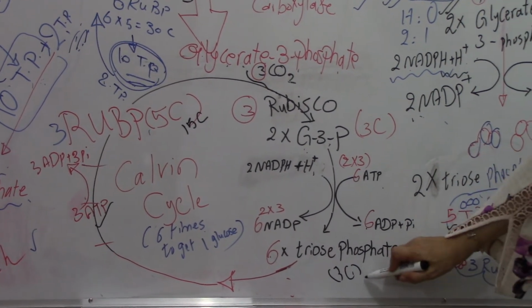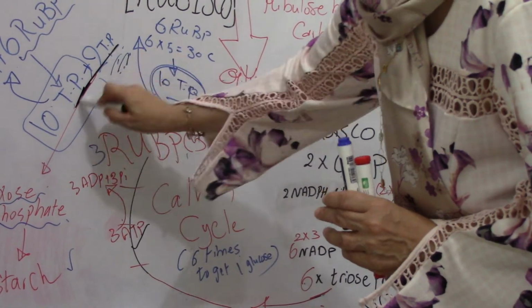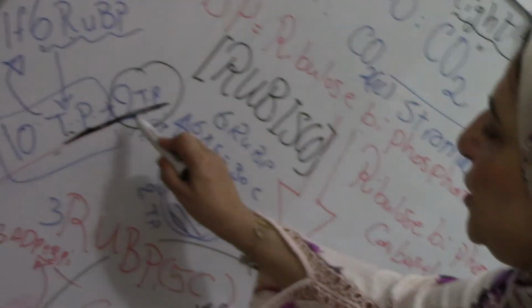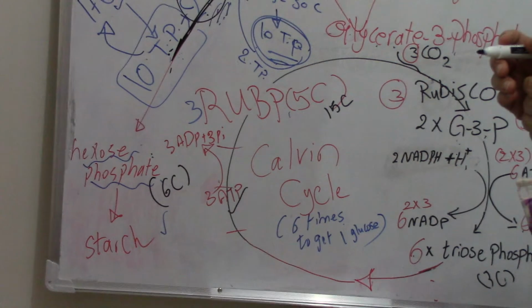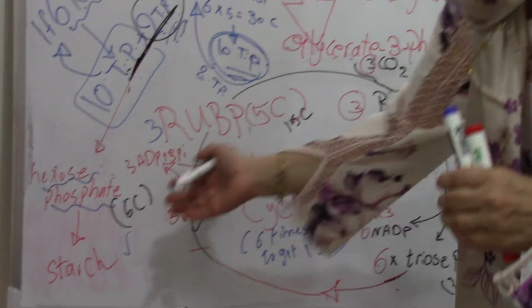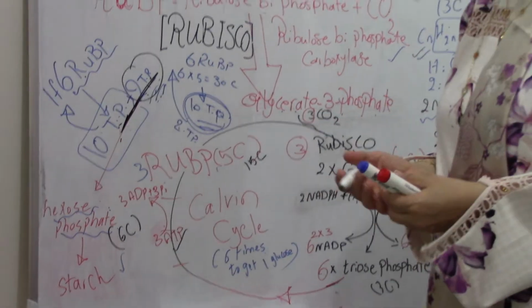If we have 12 molecules of triose phosphate, 10 of them will be used to regenerate ribulose bisphosphate, while only 2 molecules will be used to make hexose phosphate. Remember that hexose phosphate is a 6-carbon sugar, so it requires 2 molecules of triose phosphate. Out of 12 triose phosphates, only 2 are used to form hexose phosphate, and then they undergo a condensation reaction to form starch and the other complex sugar molecules.